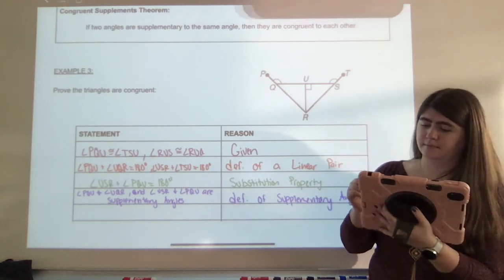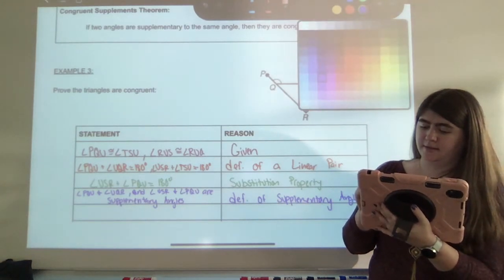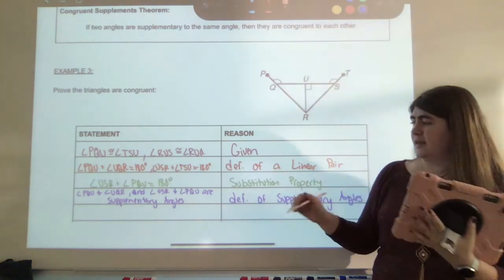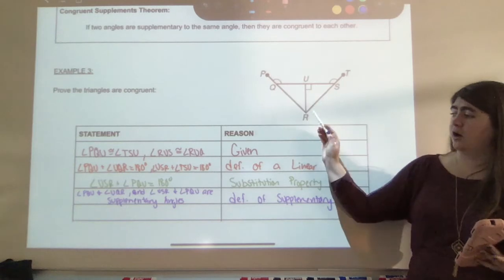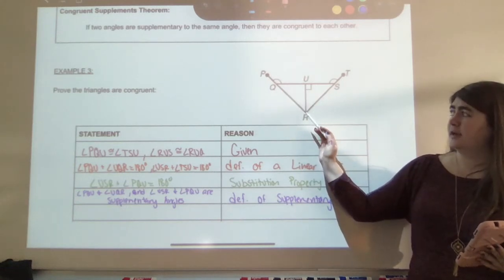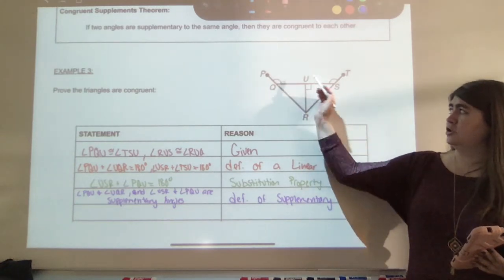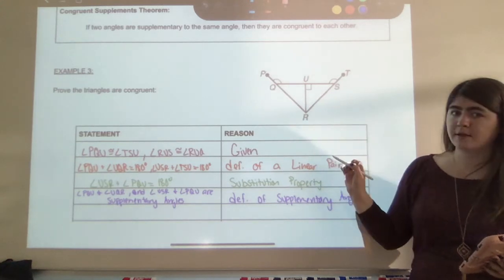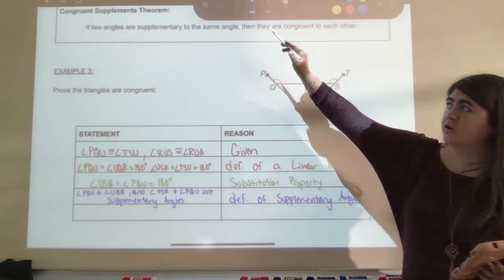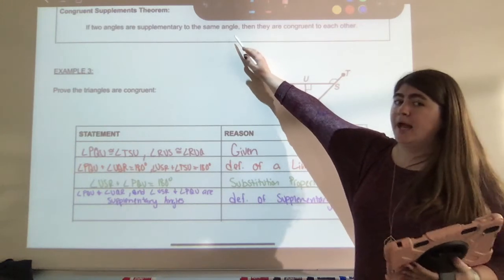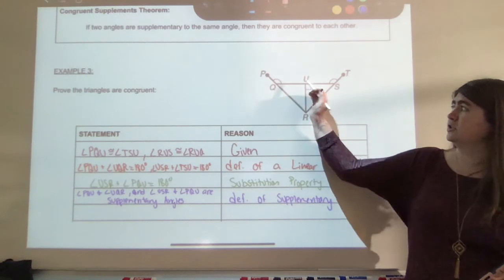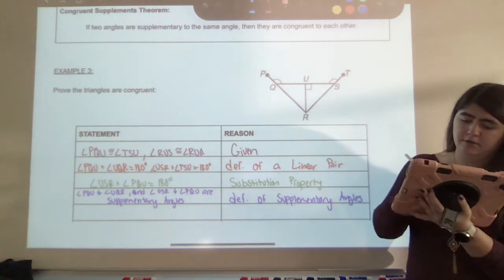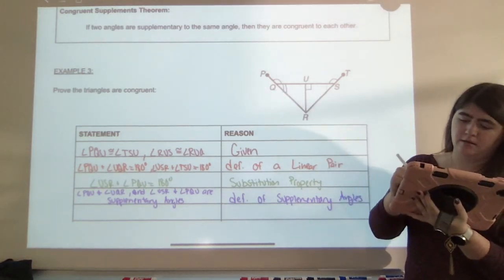All right. Next, because I said that angle PQU and UQR are supplementary, and angle PQU and USR are supplementary, by the congruent supplements theorem, I can say that angle UQR is congruent to angle USR. So I have this right here.